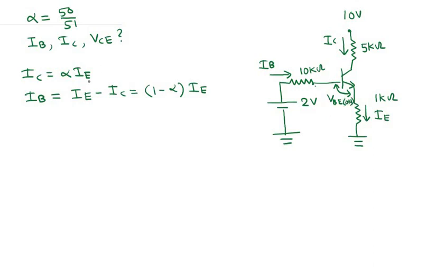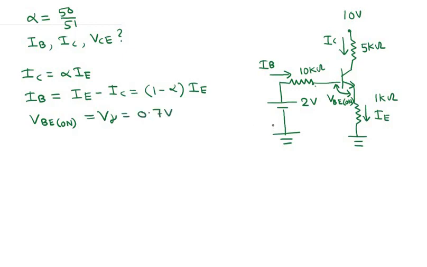VBE on is the base to emitter voltage when the base to emitter PN junction is in a conducting state. This is equal to V gamma, which we will assume to be 0.7 volts here.